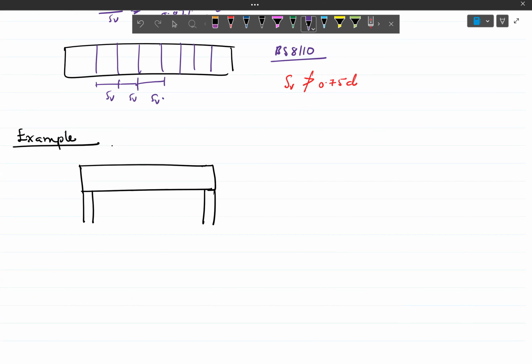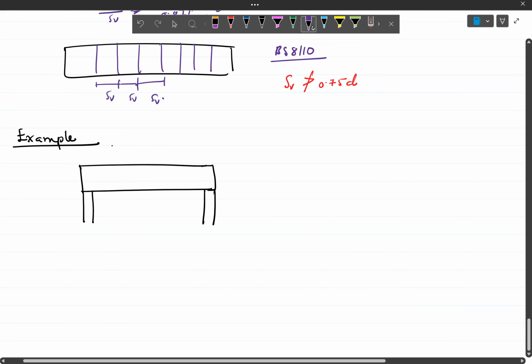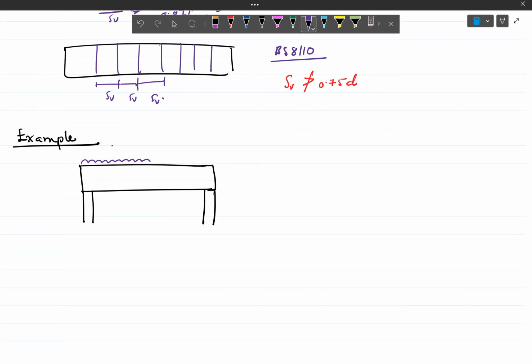And then the beam has some loads on it. Okay. Maybe let's say two sets of loads. I think it's better if I change the color.